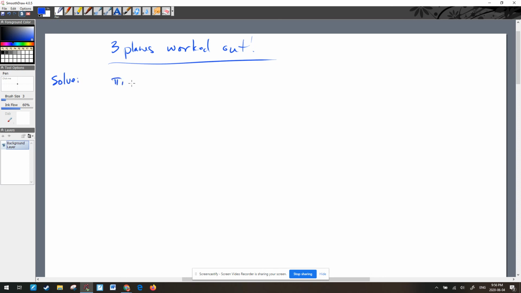Plane 1 is going to be 3x minus y minus 3z minus 4 equals 0. Plane 2 is going to be 2x minus 2y plus 0z plus 3 equals 0.